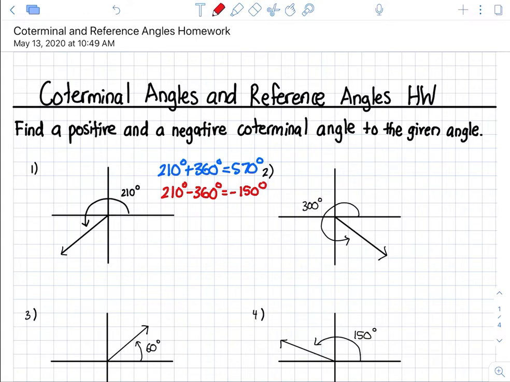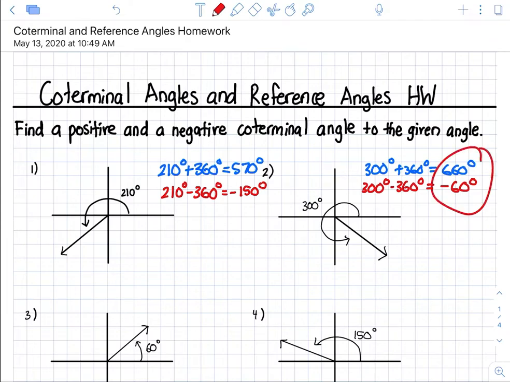Okay, number 2. We know it's 300 degrees. To get another positive coterminal angle, we just add 360 to 300, and we get 660 degrees. Then if we subtract 360 from 300 degrees, we get back to that part, which would be negative 60 degrees.